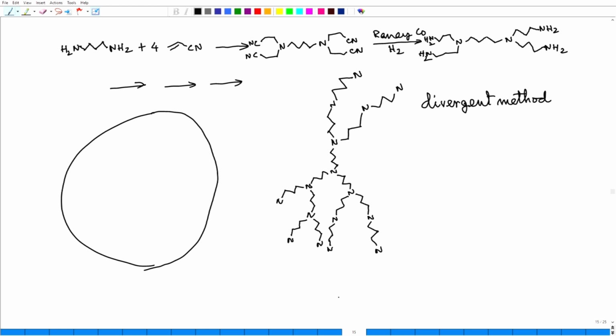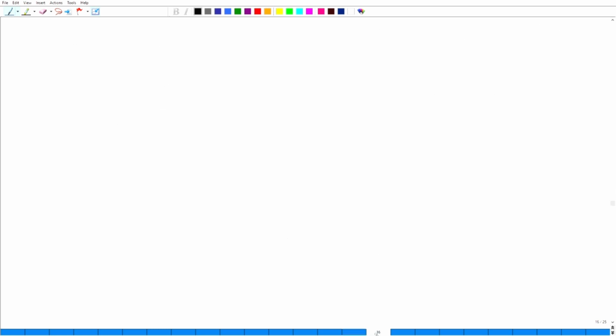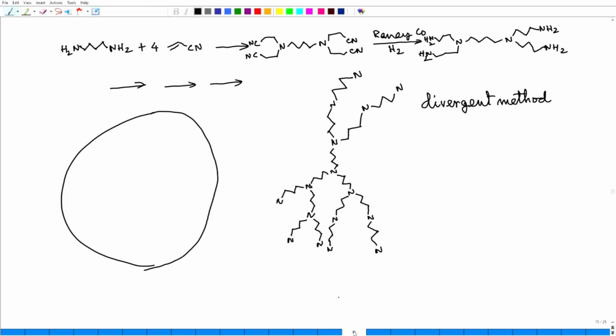All right. There is another method called the convergent method. Before I go to the convergent method, see this one part attached to this core, this is the core. This part is called a dendron. In divergent, the growth is from inside to outside, and convergent is from outside in.